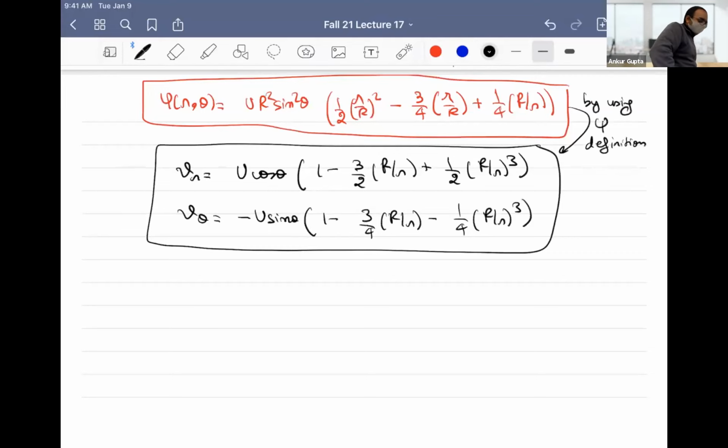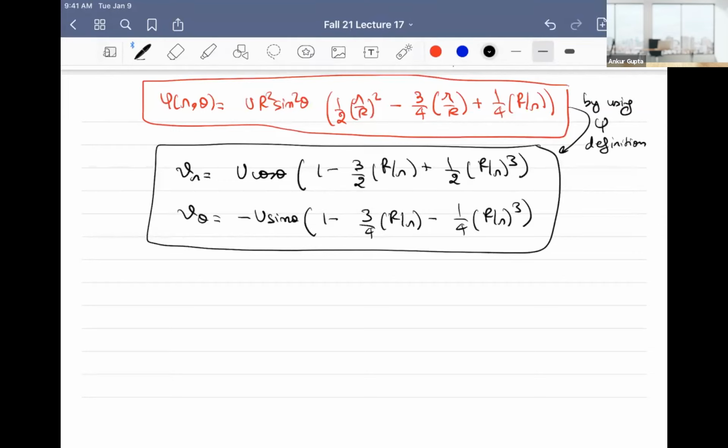All right. So all of this hard work finally gives us this, and this is an amazing result. I mean, this is amazingly beautiful. Let's put small r as capital R. You don't have to think about all the math. You see, we put small r as capital R, you get V R is equal to 0, right? 1 minus 3 by 2 plus 1 by 2, 0. So velocity V R is 0.